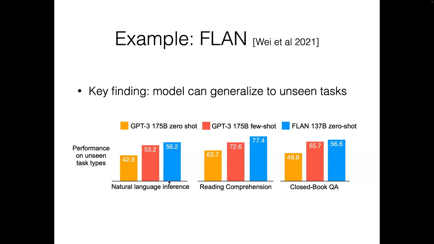You could see that their model actually did better than the state-of-the-art pre-trained models using few shot prompting. You could demonstrate this ability to generalize to unseen tasks using different kinds of plots. This is just one of them. But that was the key finding: you could have a single model that performs multiple tasks, and it could even perform tasks that weren't in its training data.